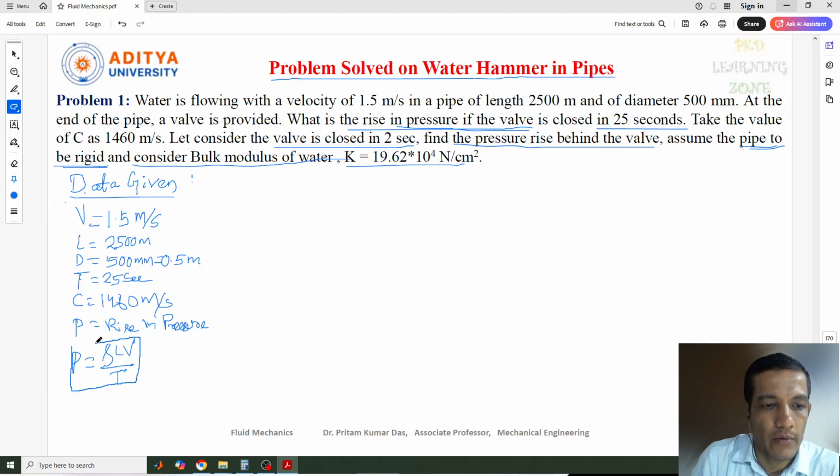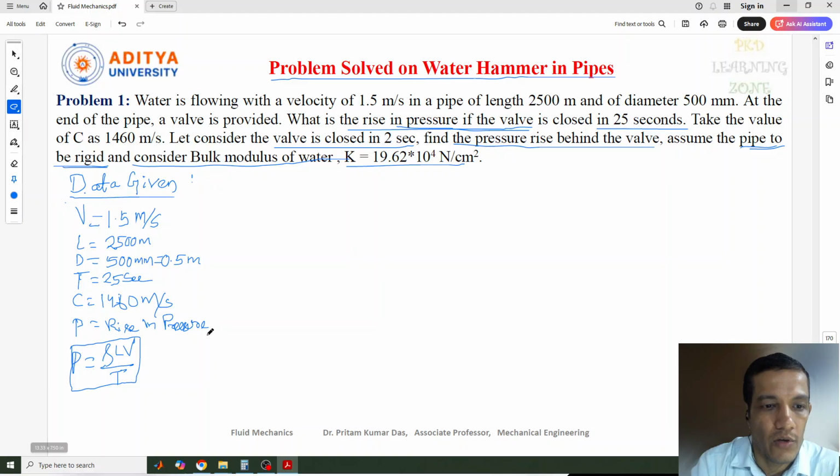This formula can be used only when the valve is closed gradually, or when the valve is closed suddenly. So for that we need to first satisfy the condition of T.